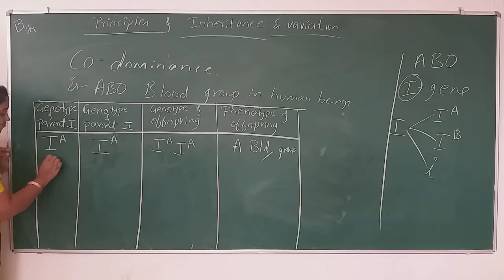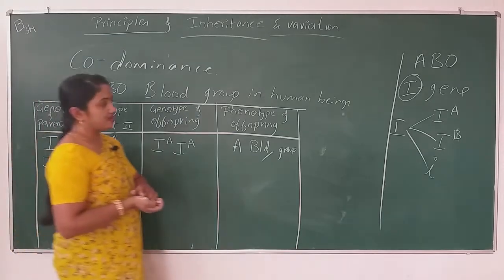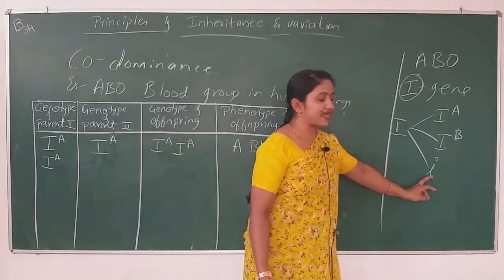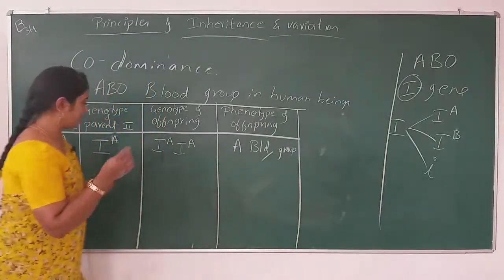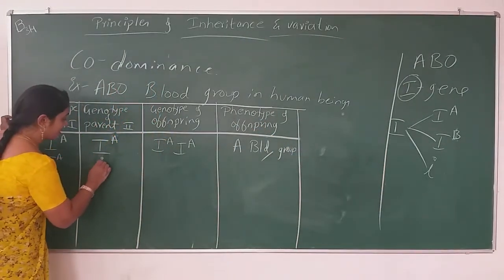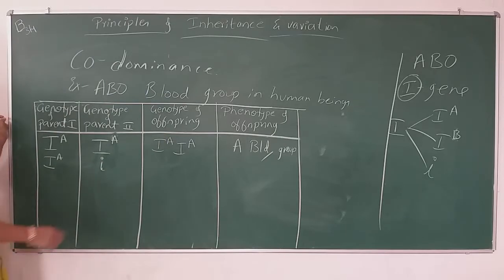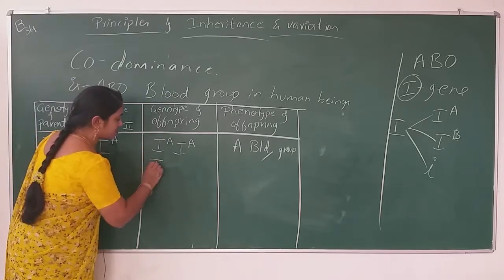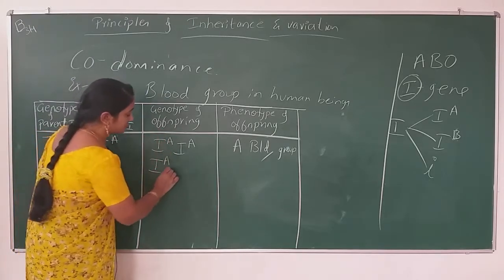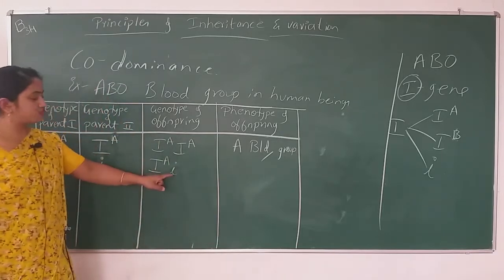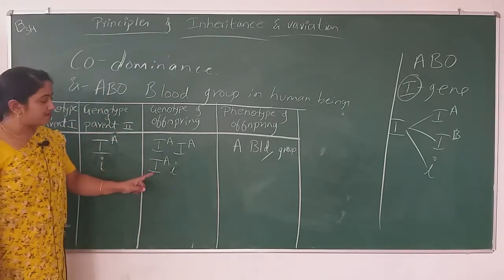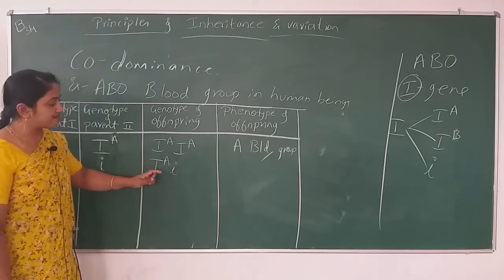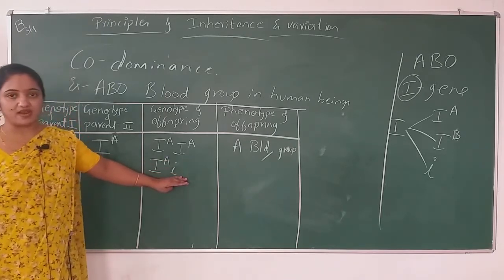I'll take the same one. If a man having A type blood group marries an I type blood group woman, I'll write here the I. So the genotype of the offspring is IA and small i. Remember, this A suppresses the recessive one.